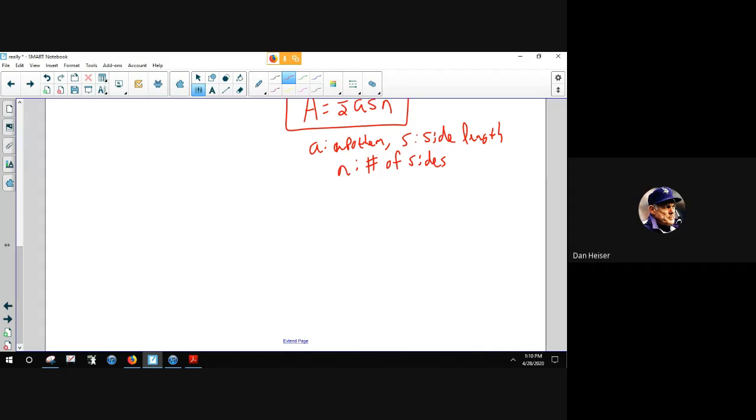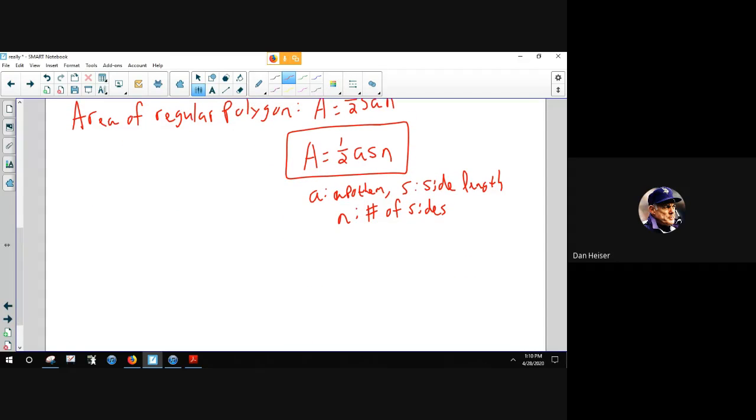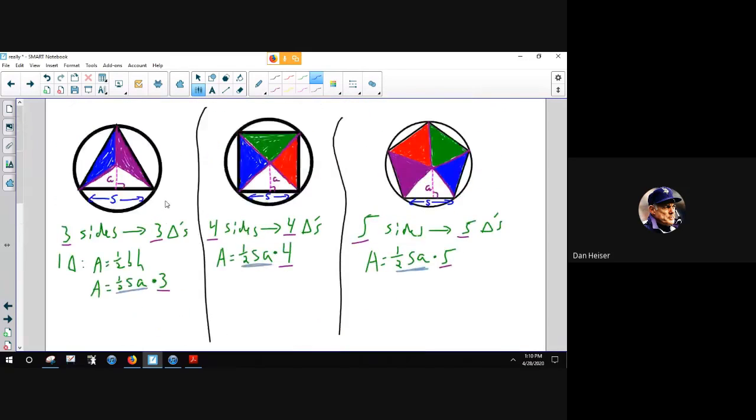There is another form of this. Notice SN. If I have three sides, let's go back here. If I have three sides, 1, 2, 3, and I know every side is the same.